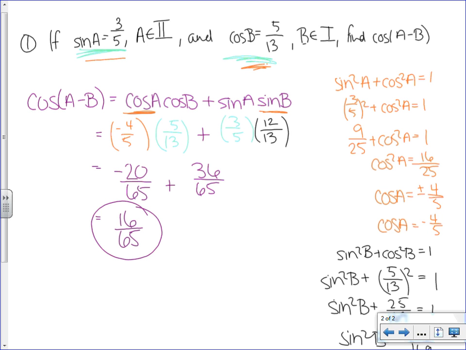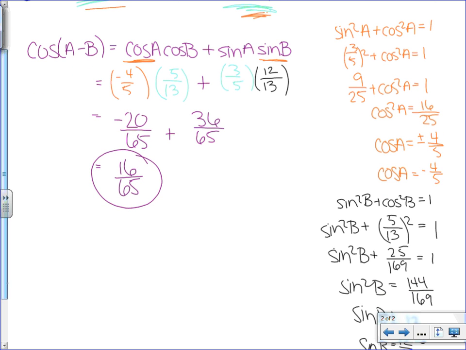Notice, and you guys don't have to write this, but I'm going to do this down here in this corner. When I did all this, and all this is completely correct, I got 16 over 65. If you just distributed this cosine, which you cannot do, but a lot of people want to do, alright, if you say that the cosine of A minus B is equal to the cosine of A minus the cosine of B, which it's not, but that means that you'll be doing negative 4/5 minus 5 over 13.